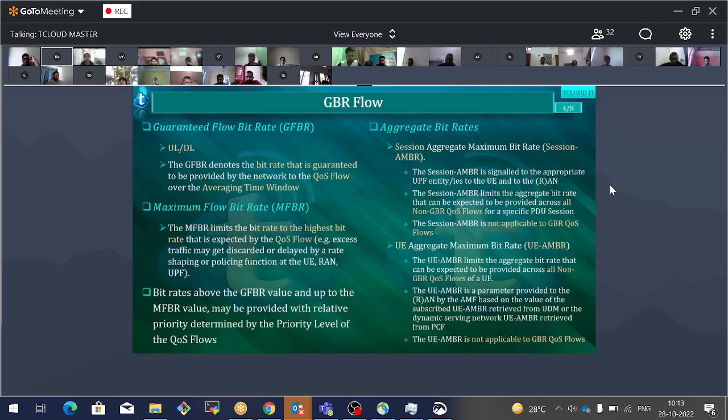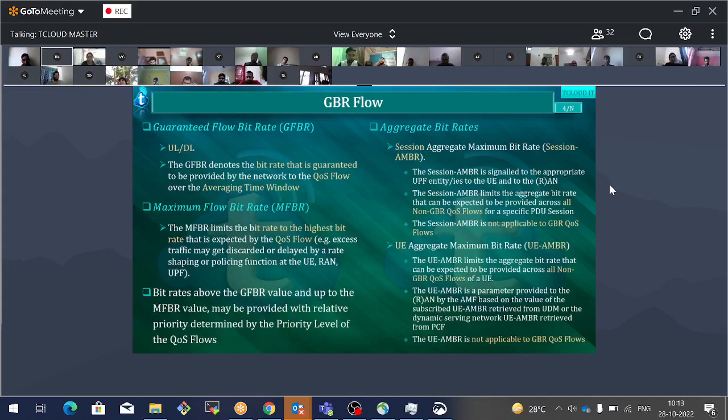So the NG-RAN node will simply report it to the SMF whether it can guarantee or not guarantee. If you are reporting that you are not guaranteeing, SMF and PCF will have to coordinate with each other, speak to each other.